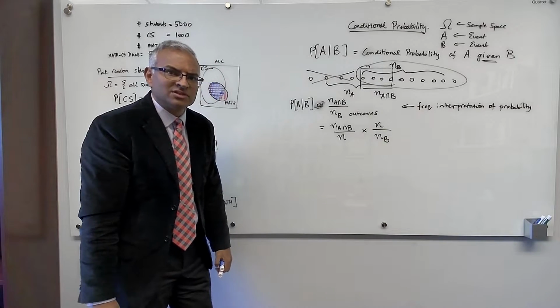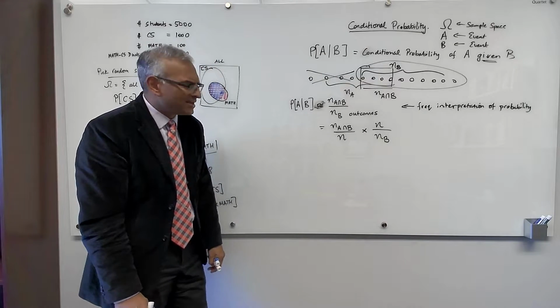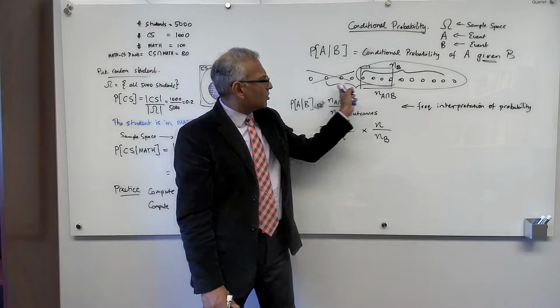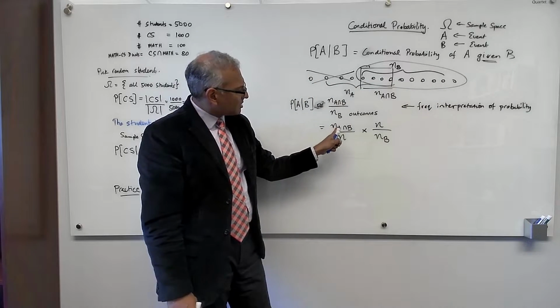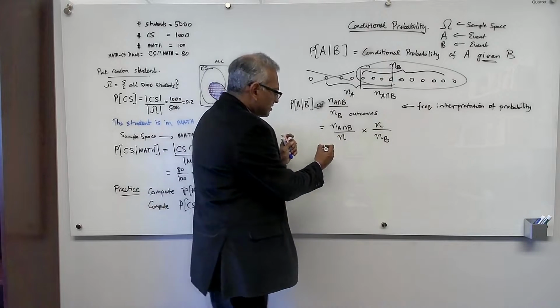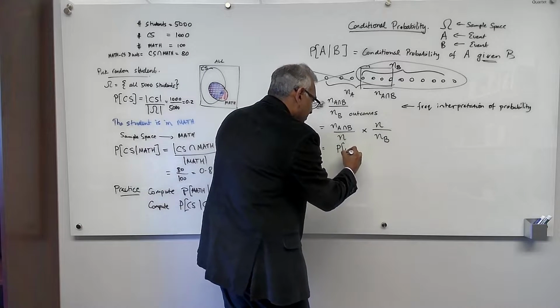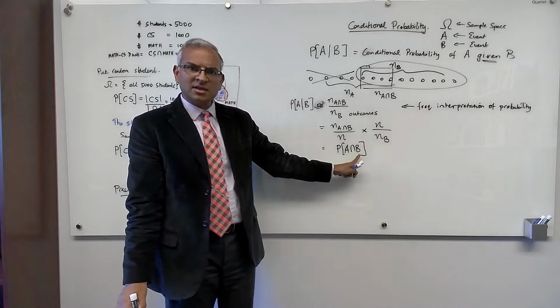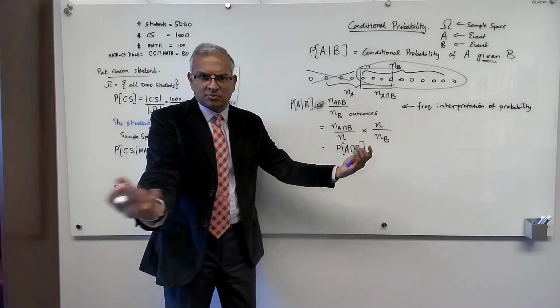But now I'm going to use the frequency interpretation of probability again. We know that if you run the experiment n times, N sub A intersection B divided by n is exactly the probability that A intersection B occurs. Remember, A and B are events, so I can take the intersection to get another set, which is an event.